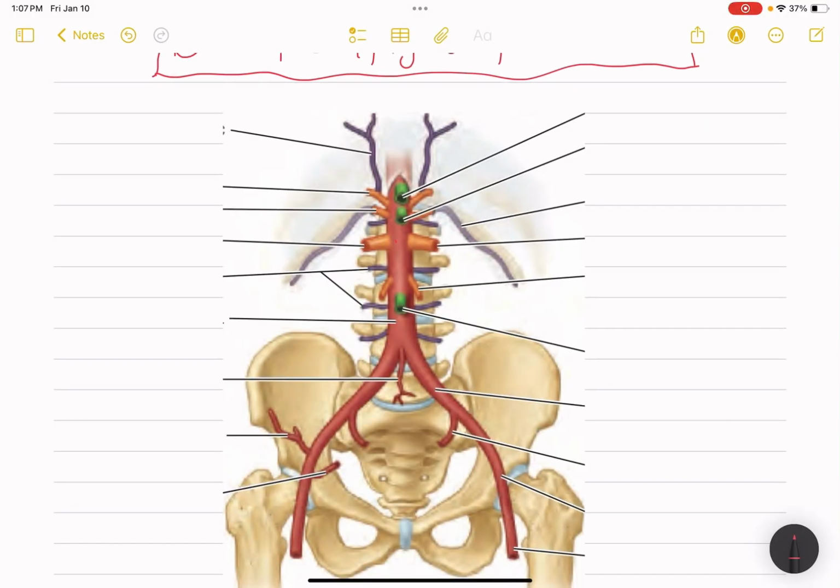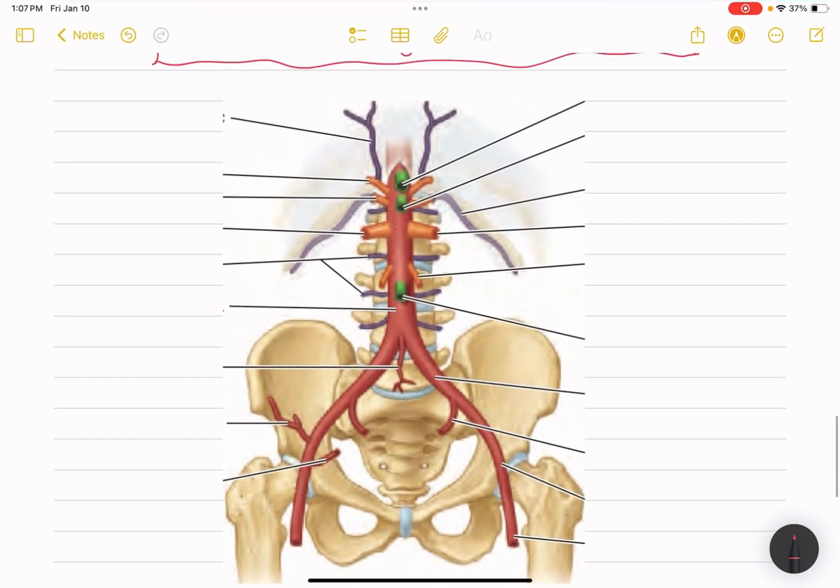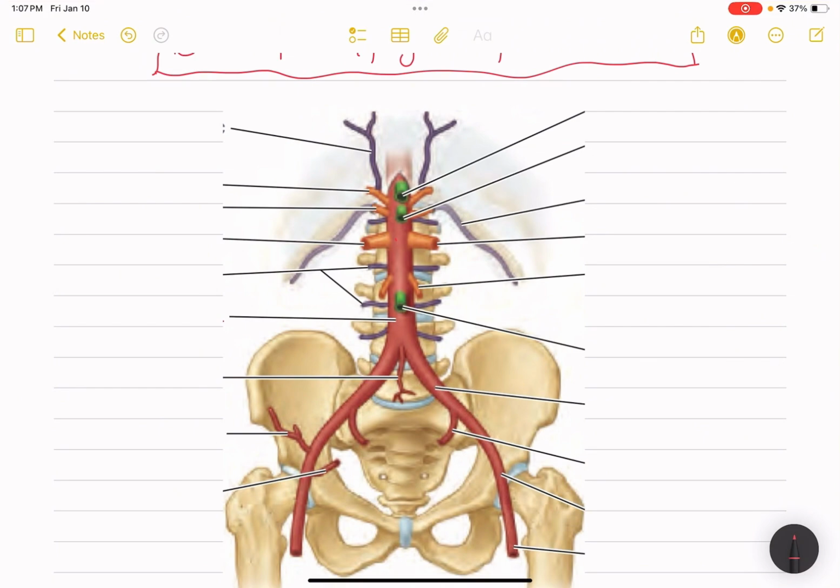So let's first get some basic idea of where this artery is coming from. Before going into detail about the arteries supplying the pancreas, we have to know the main origin of this artery. Suppose this is, hypothetically, the heart.